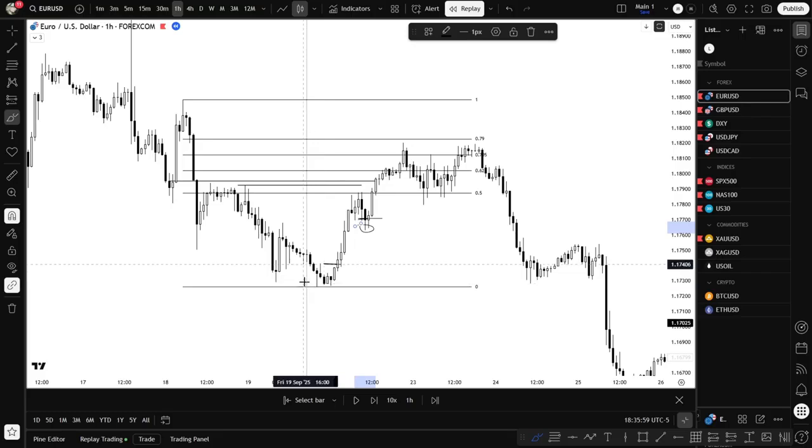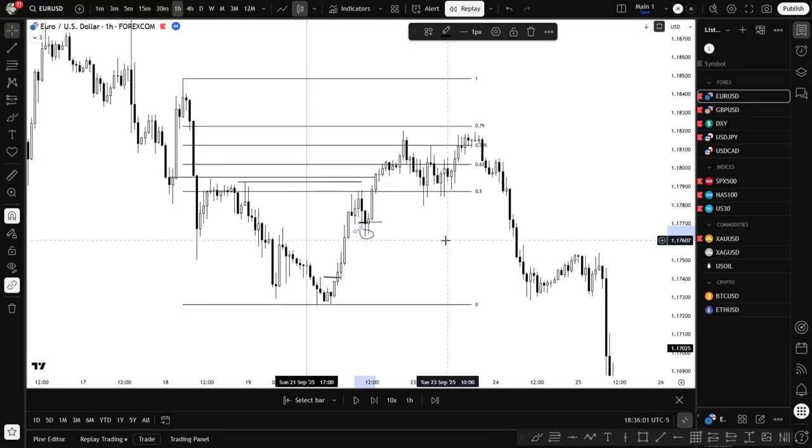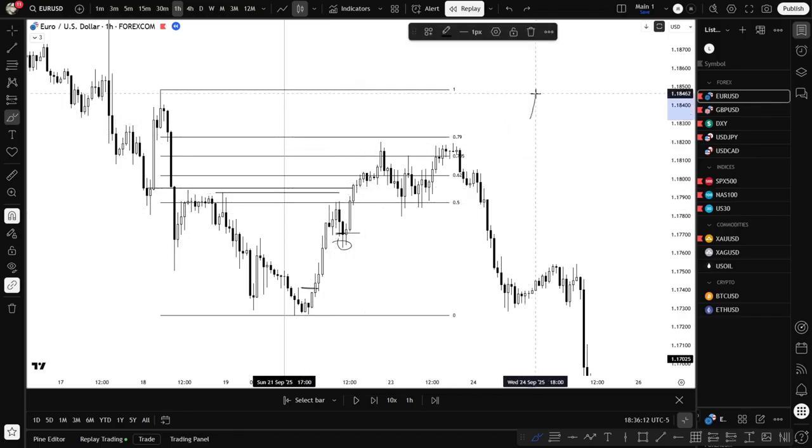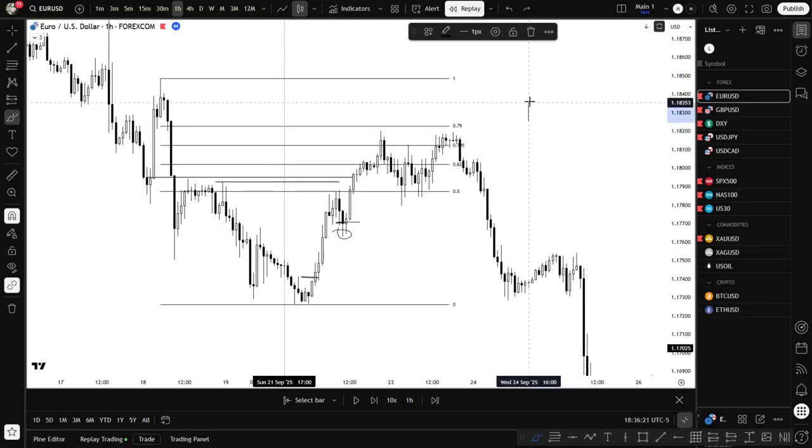This is the entry. Now what is the exit? What do we need? We have the targets. So the target can be used as an exit, but for advanced people, you wait for the purge.